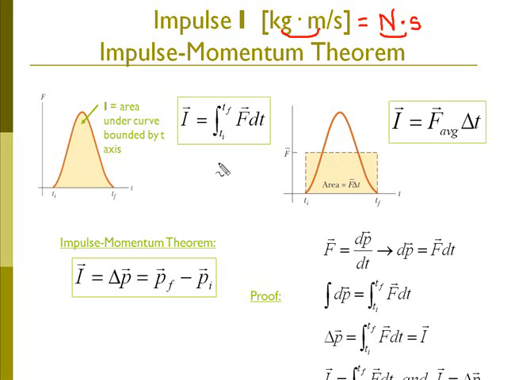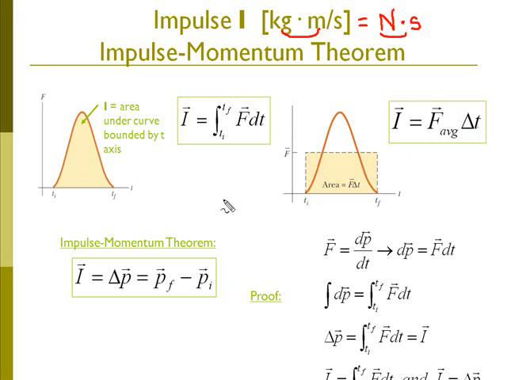So whether we obtain impulse through the integral of force times time, the area under the curve, or the average force times an increment of time, they are entirely equivalent. It's just that we have several methods available to us.